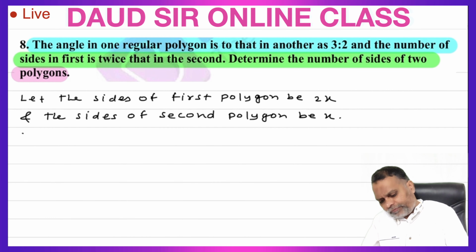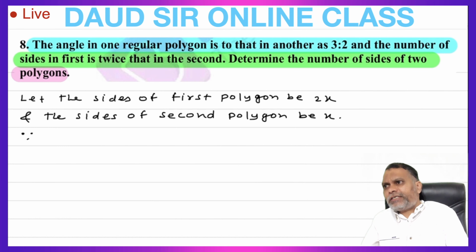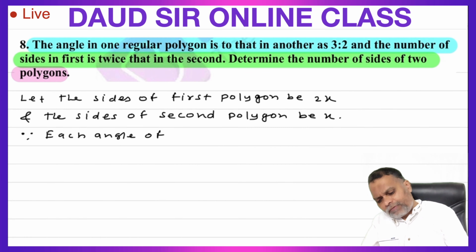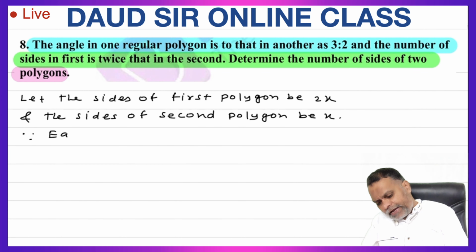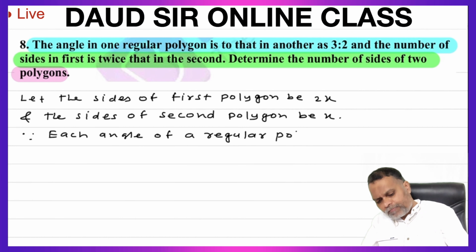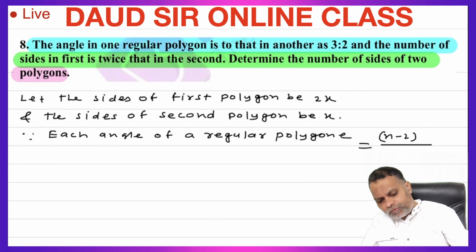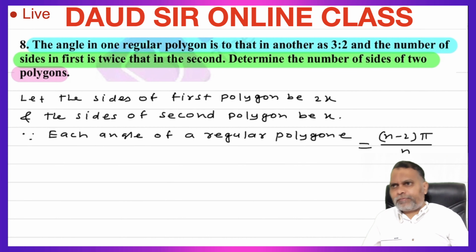As we know that each angle of a regular polygon is equal to (n minus 2) pi upon n.